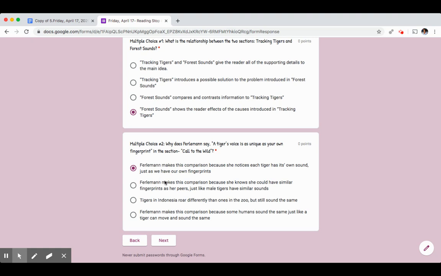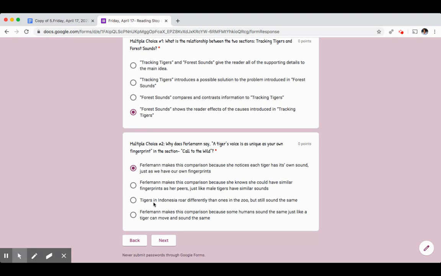B would not be correct because people do not have the same fingerprints, and the text specifically said that each tiger's sound picture was a little bit different, so she was not trying to point out similarities between male tiger sounds.